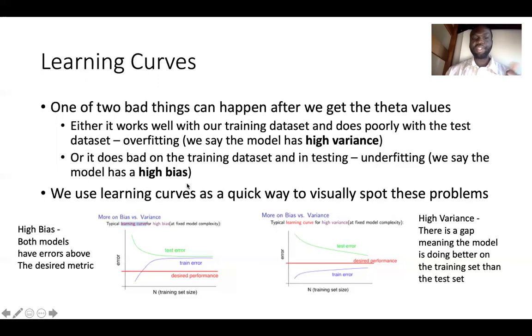This happens with your learning model, where it does really well on the training set but poorly on the test set. When that happens, it's called overfitting, and we say that the model has high variance. Then there's the other case where I do very poorly on the practice test and very poorly on the actual test.